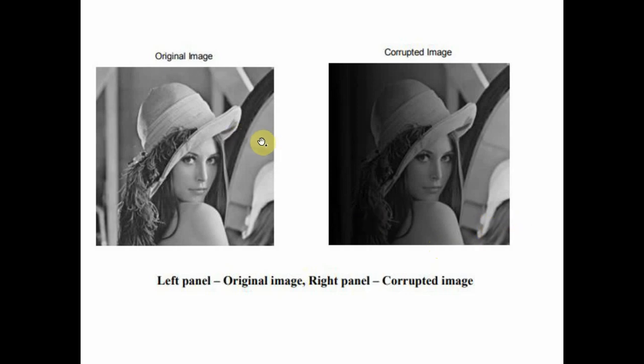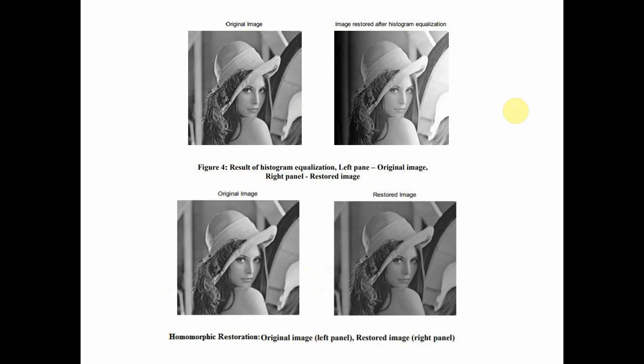You will see there is hardly any difference, because 1 minus 1 will not create any difference. This is nothing but the corrupted image. But if I go for histogram equalization, the image restored after histogram equalization, you will be able to see the difference between the original image and this.